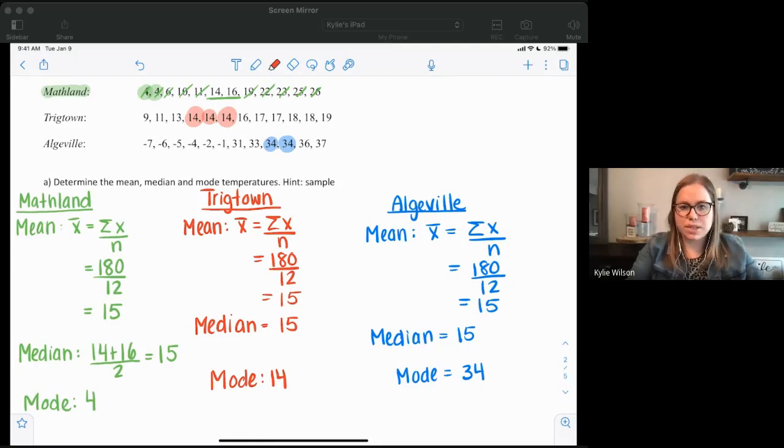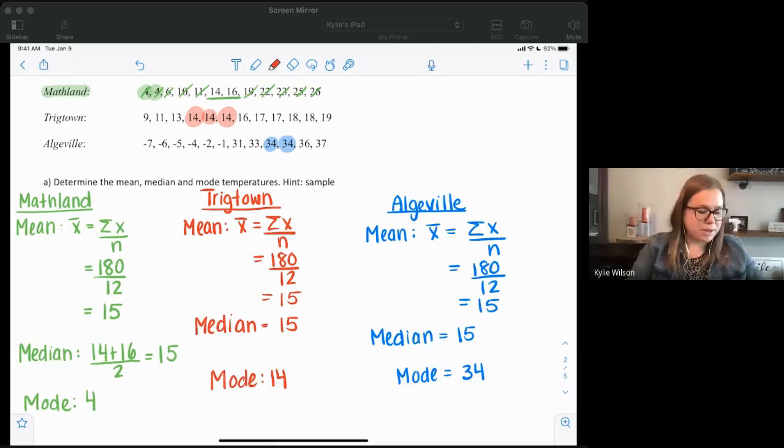Now what we want to do is look at this data and think about what it's telling us. So let's say that instead of being given all of the data, we were just given the means of all of these places and the medians of all of these places.